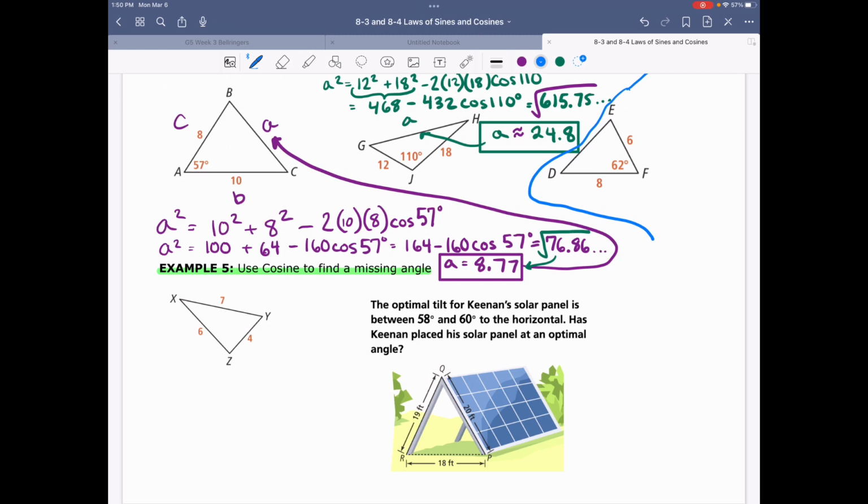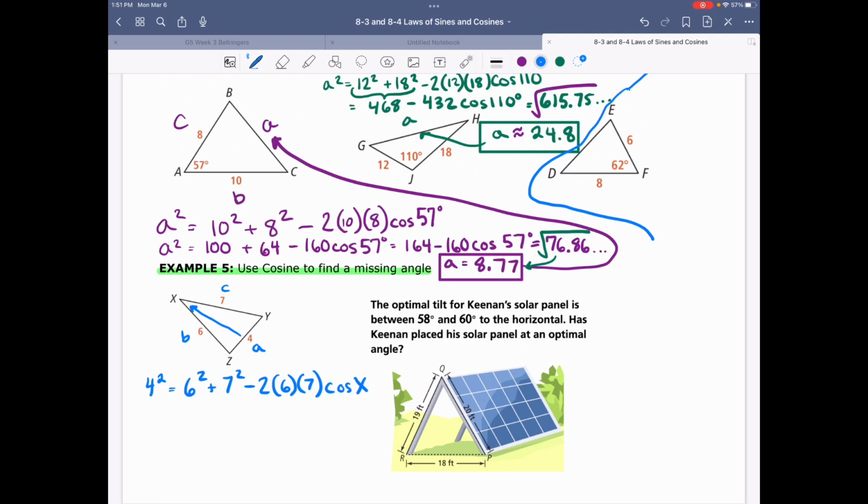I'll label this A, B, C. So we have A, which is 4 squared, is equal to B squared plus C squared minus 2BC cosine, and since we're figuring it out for A, it's pointing to the x. So cosine of x.